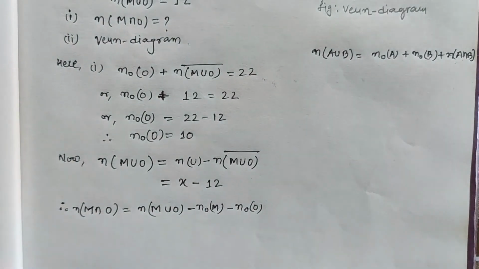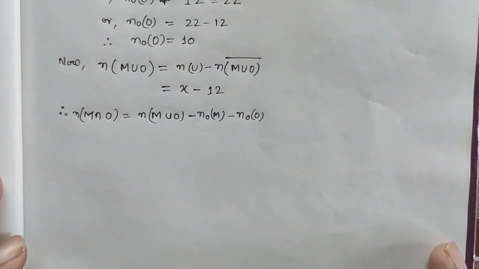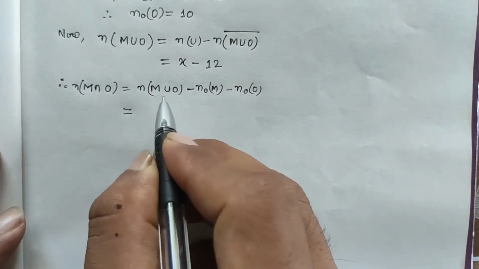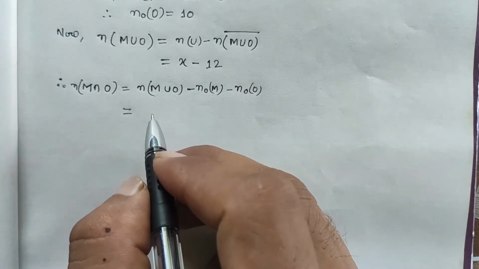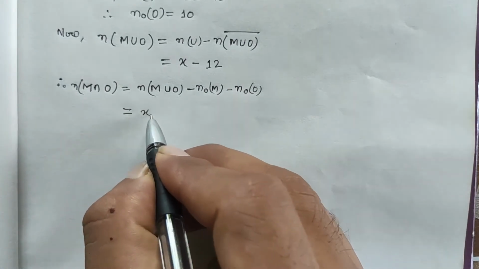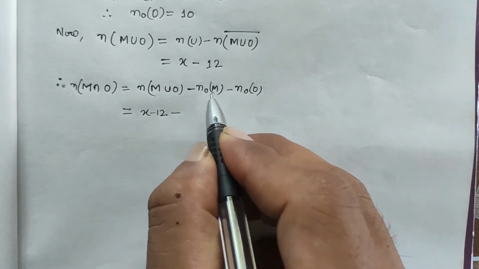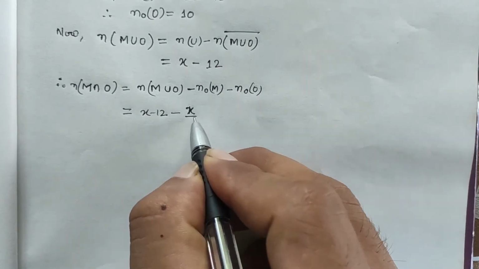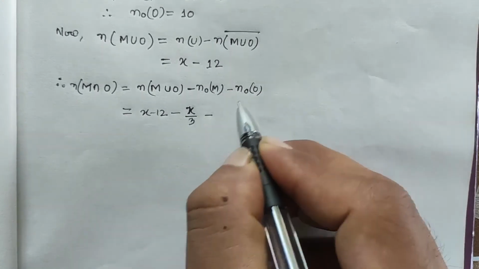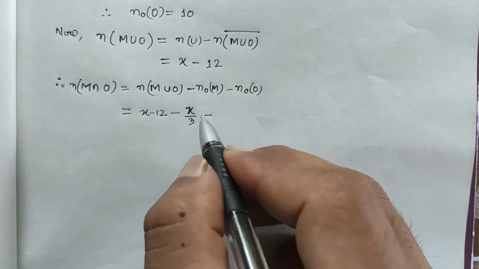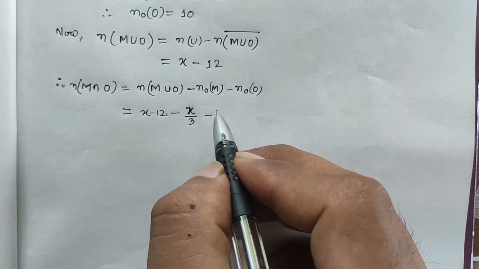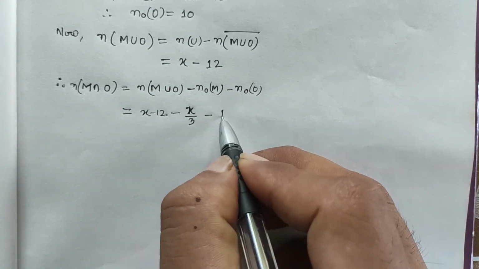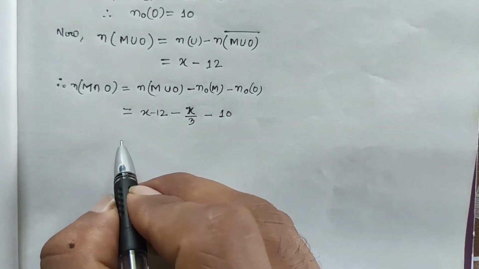Now just put the values here. n(M union O) is x minus 12, minus n only M, which is 1/3 of x, meaning x/3, minus n only O, which we have found to be 10. So we will use it here.